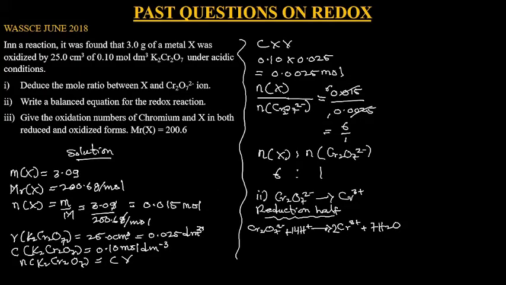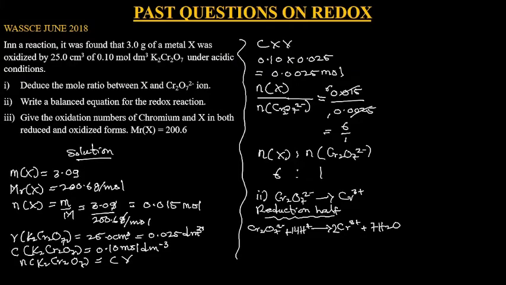So over here we have the charge on chromium to be plus 3, and if you multiply it by 2, that's going to be plus 6. So on the right side, we have a total charge of plus 6, but on the left, we have 2 minus here, and then we have plus 1.